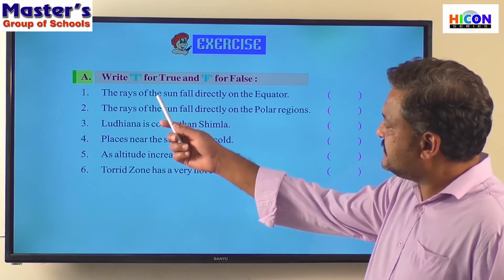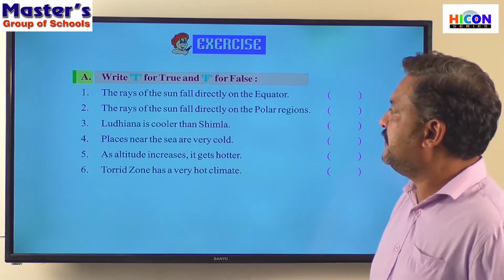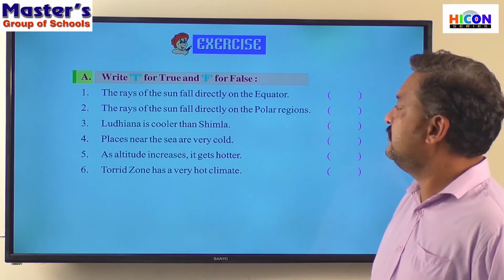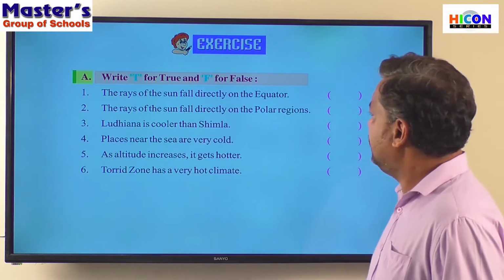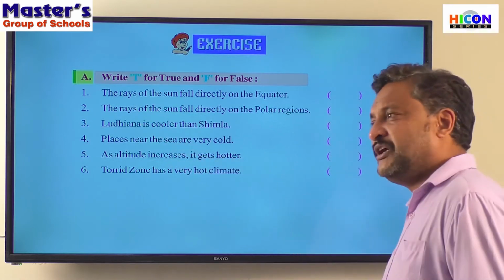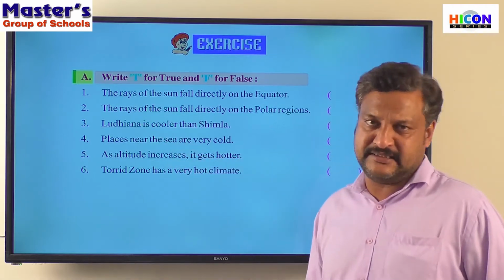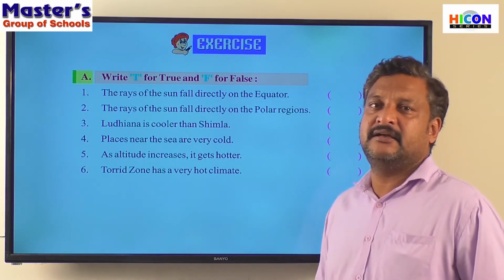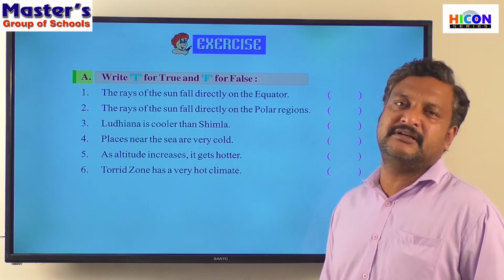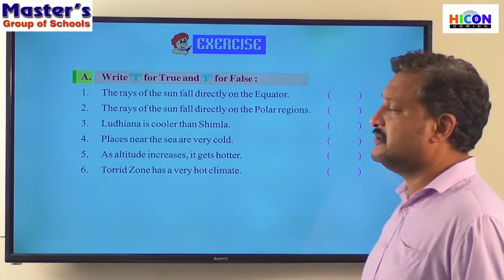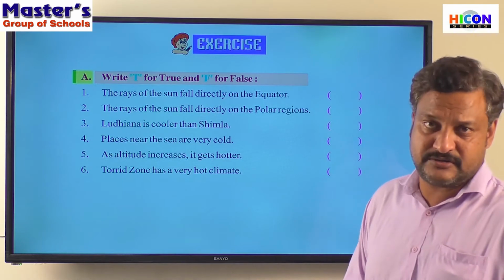See, 6 sentences are given here, and we need to read these sentences one by one. Check with what we have learned in the lesson, and based on what we have learned in the lesson, we need to check whether these sentences are true or false, right?